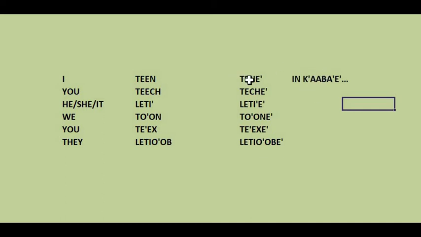You can use the subject pronoun to emphasize that you are talking about your name and nobody else's, okay? In English would be something like, as for me, my name is, okay? Tene, inkaba. Usually, if you use the subject pronoun in these cases, you use it with the emphasizer.